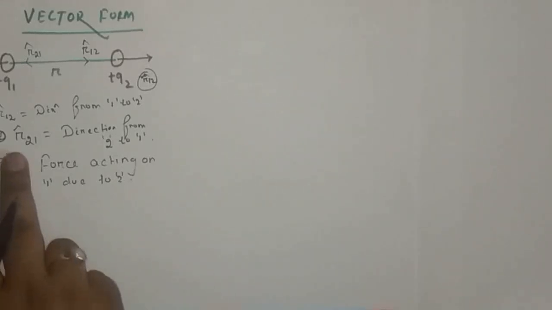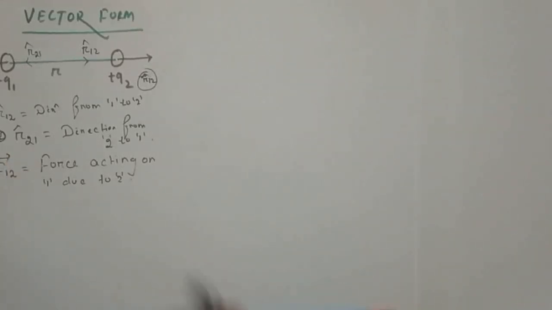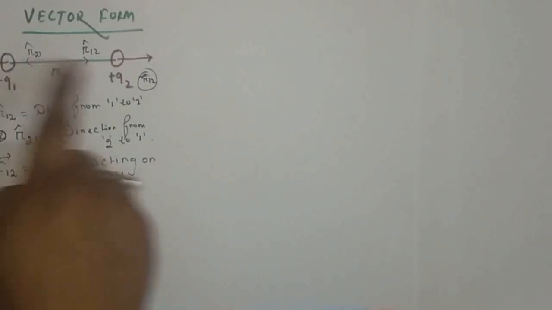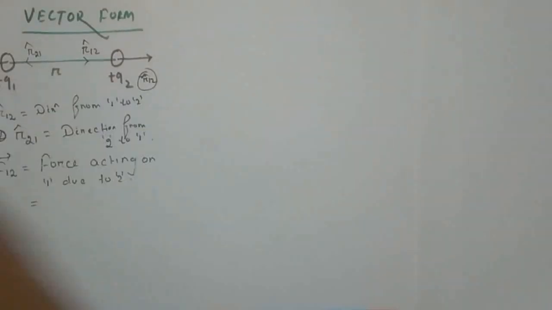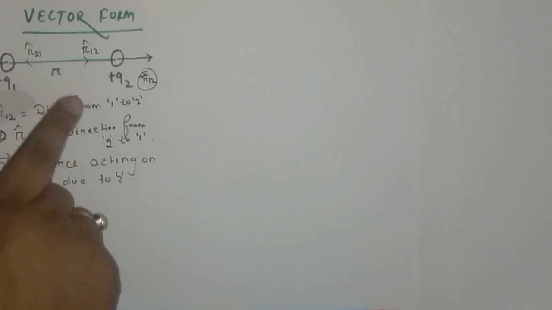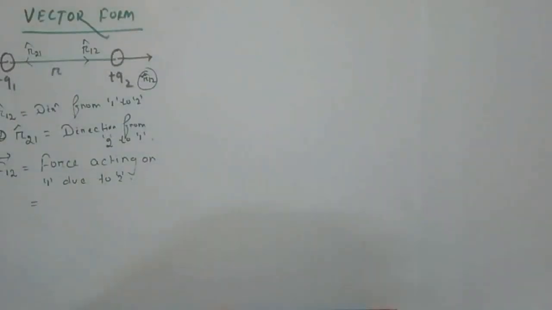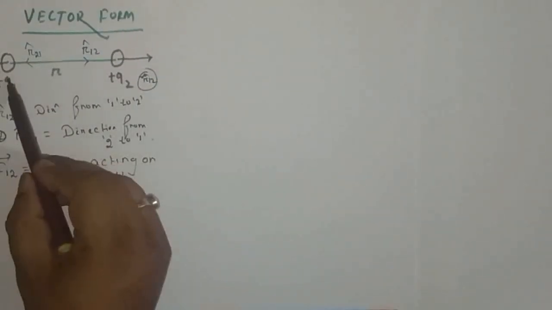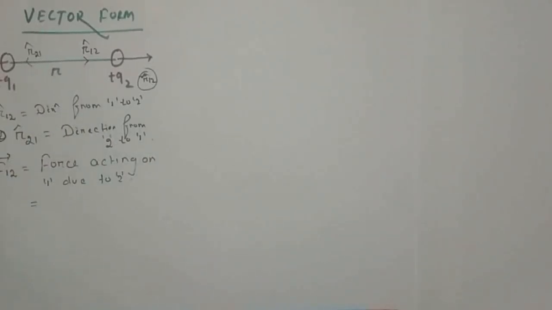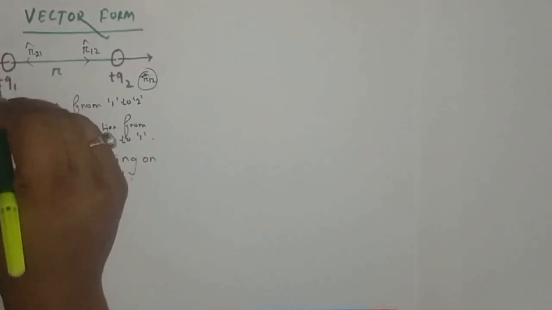Let us derive it. On 1 due to 2, it will push it away just like this. If it were plus minus, they would be attractive. Since it is plus plus, they will repel each other. So force acting on 1 due to 2, it will push. This direction is force acting on 1 due to 2.